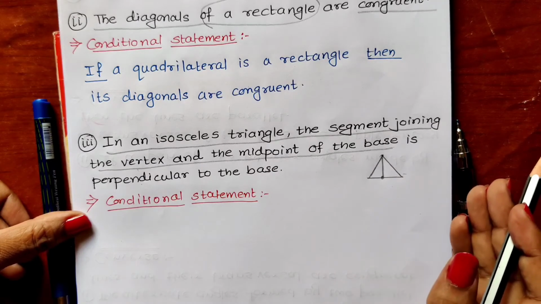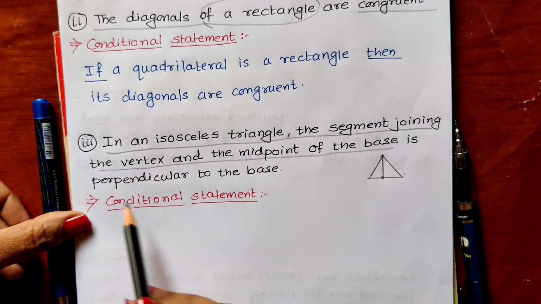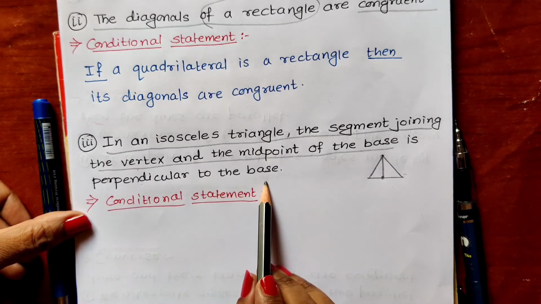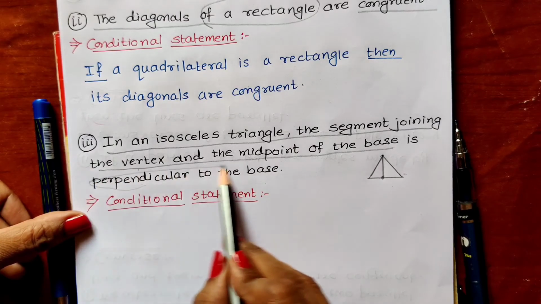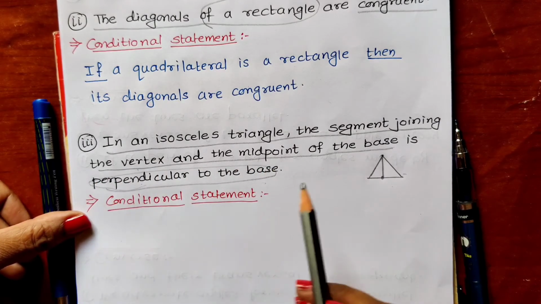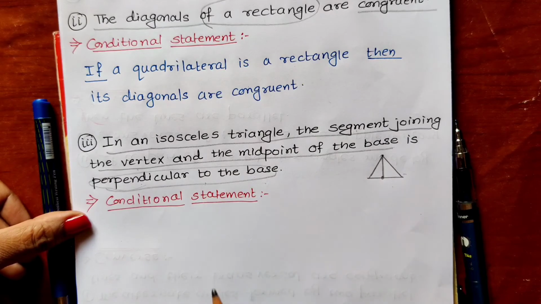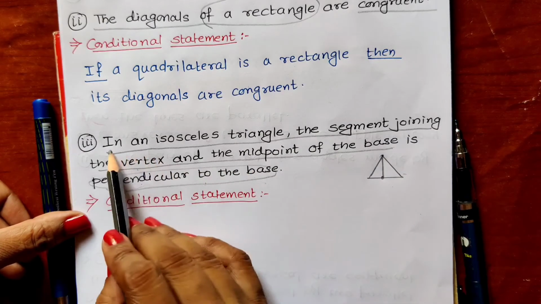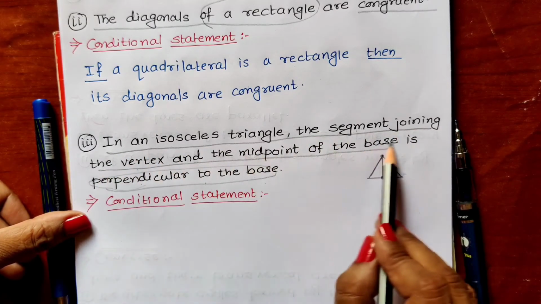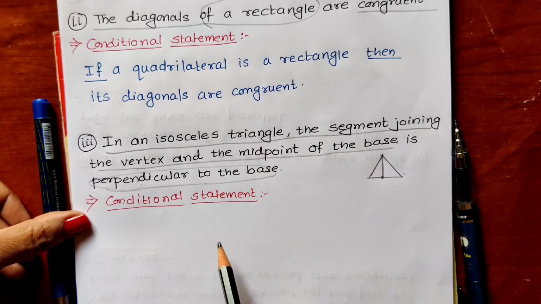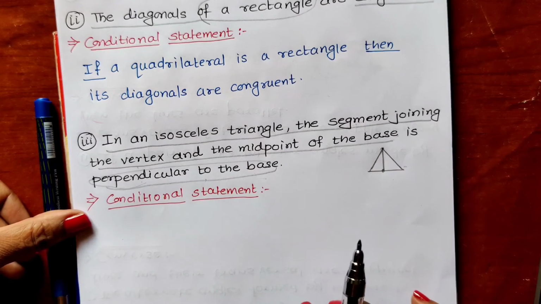Then what is its result? Its result is that the segment is perpendicular to the base. So that will be the consequent. The segment will be perpendicular to the base, that will be the consequent, and this part of the sentence will become our antecedent. So in the antecedent, what can we write?